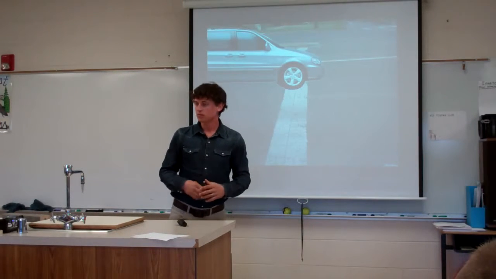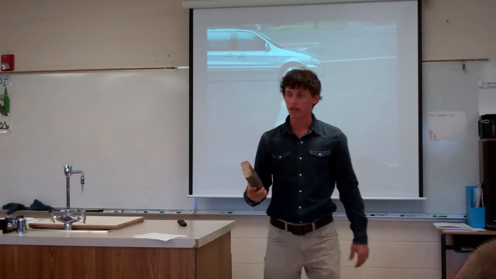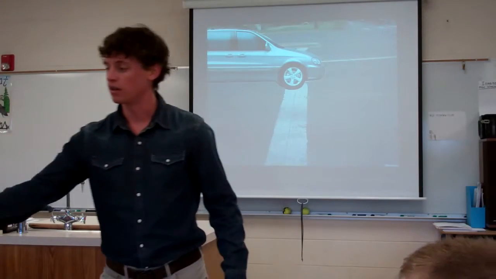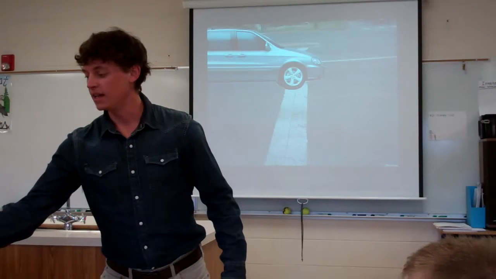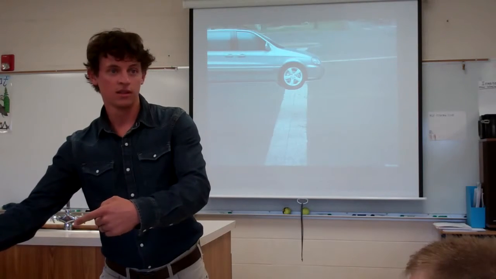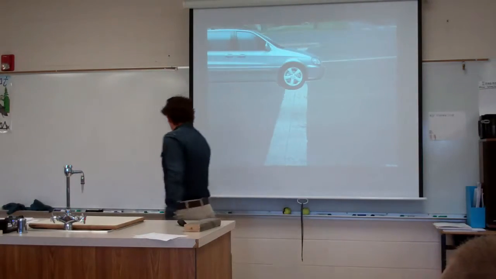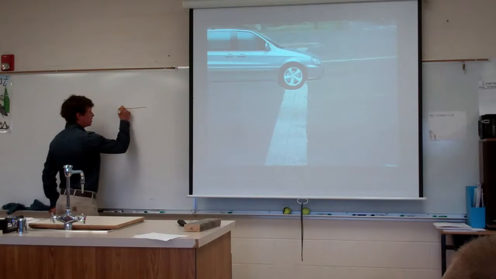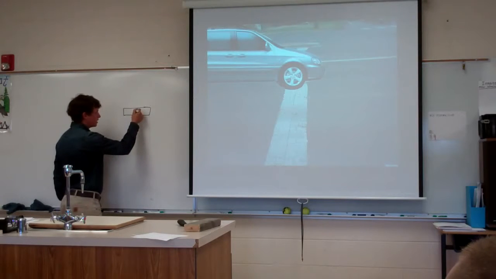So let's make a huge point here. Last time we did this tug-of-war thing, and we said if we are at a dead even tug-of-war, what's the net force on this? 0. So on the block, we're going to learn how to do something called a free body diagram. And here's the block.